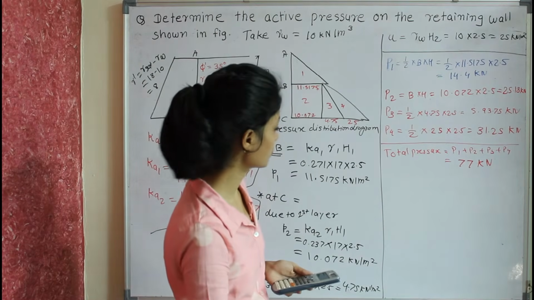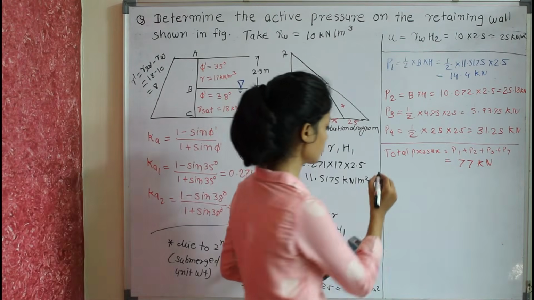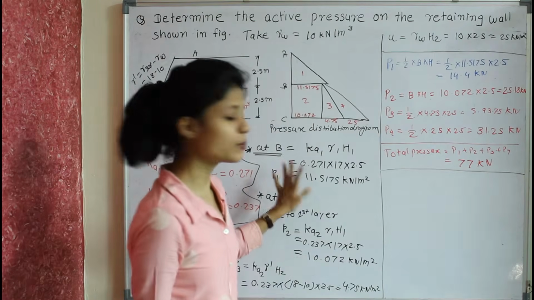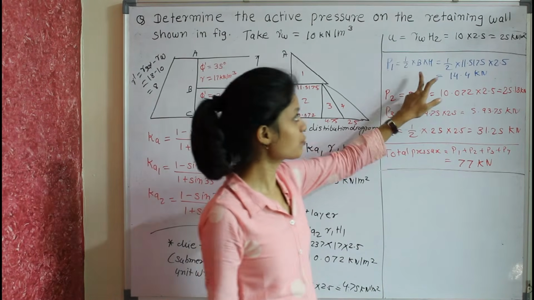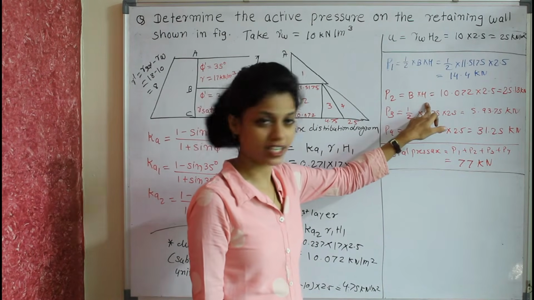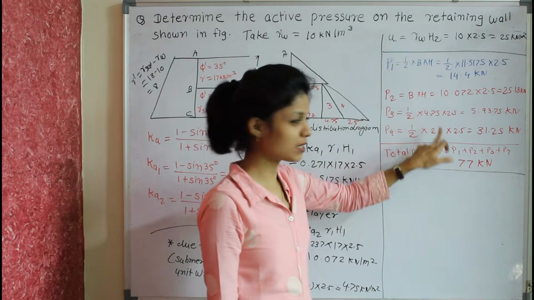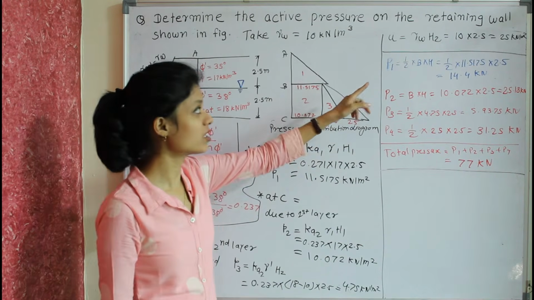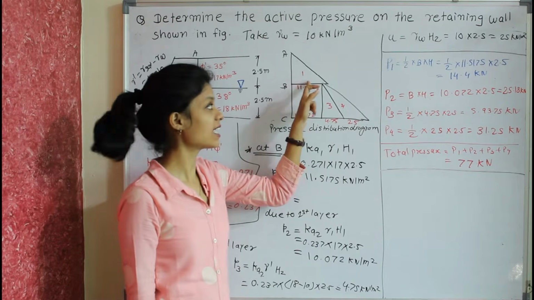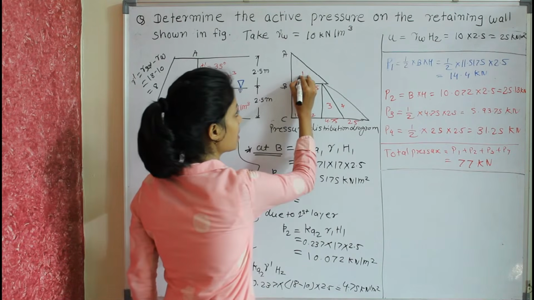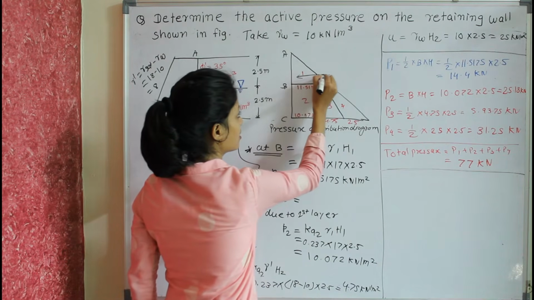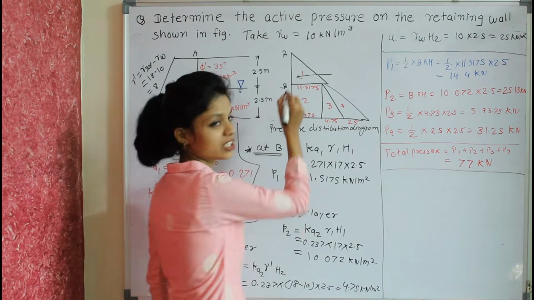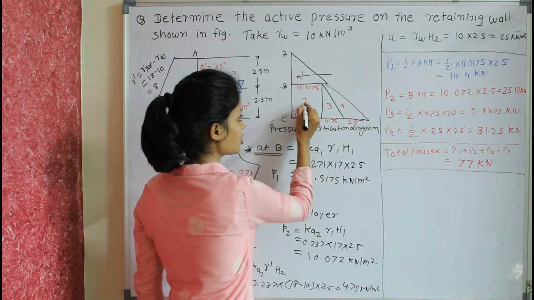Okay. Now, these are pressure intensity and pressures for first triangle, pressure for second rectangle, pressure for third part, pressure for fourth part, and total pressure. We know that the pressure for a triangular part acts at 1/3 from base, at its CG, and the CG of the rectangular section is here.